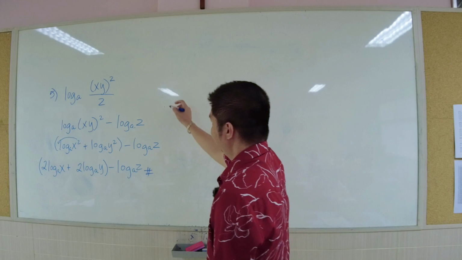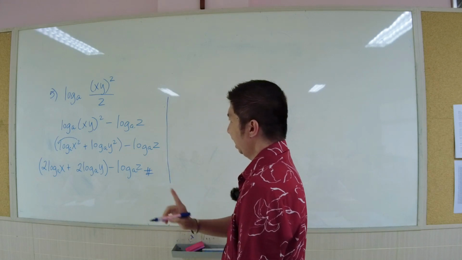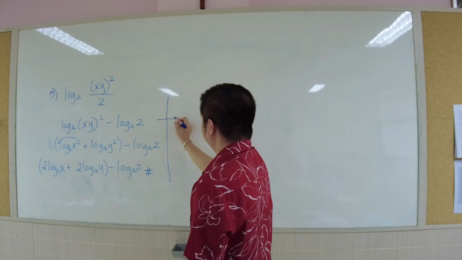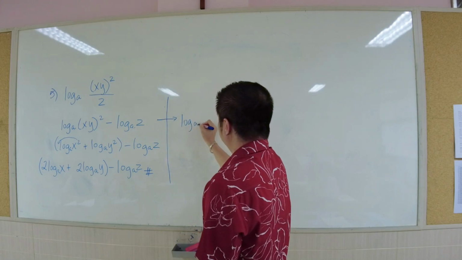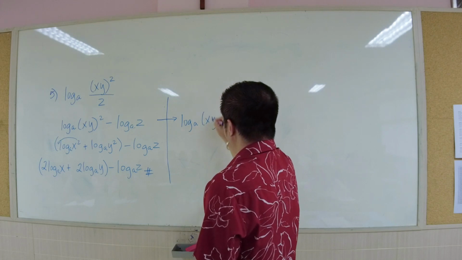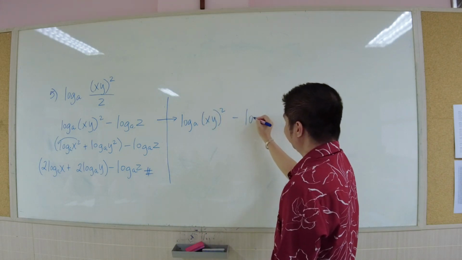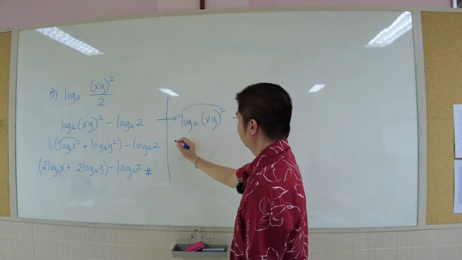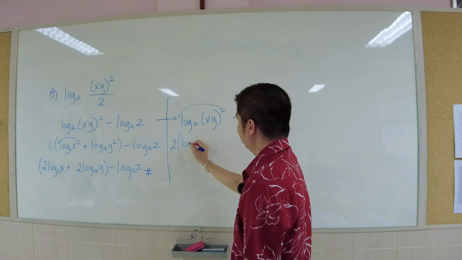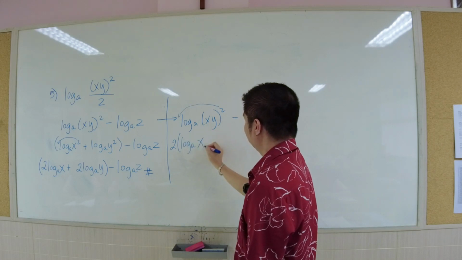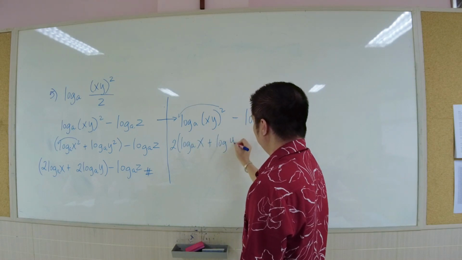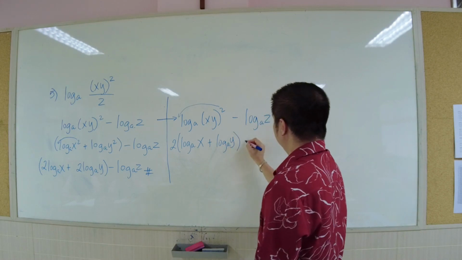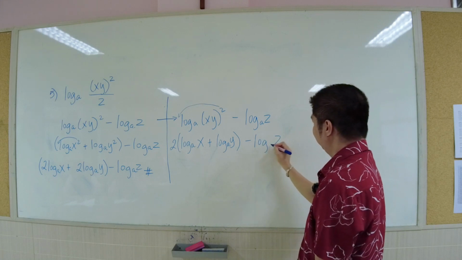Oh, there's another way. Another answer. I will start from here. Logarithm of xy power of 2. I can still consider it if you answer like this. Then move it here, right? So 2, logarithm of x plus logarithm of y base of a, minus logarithm of z base of a.